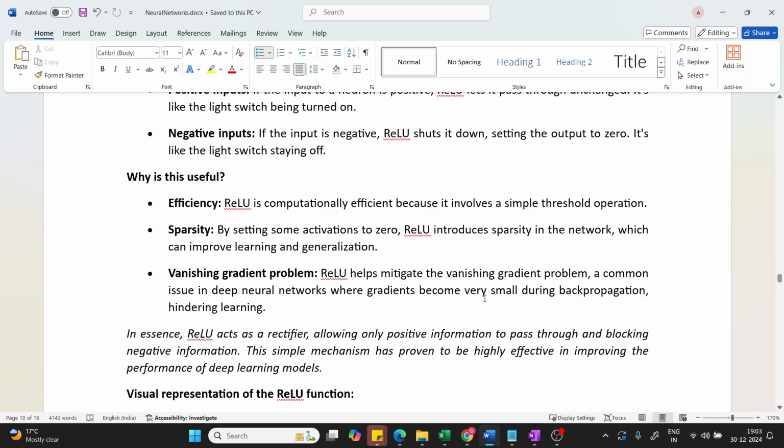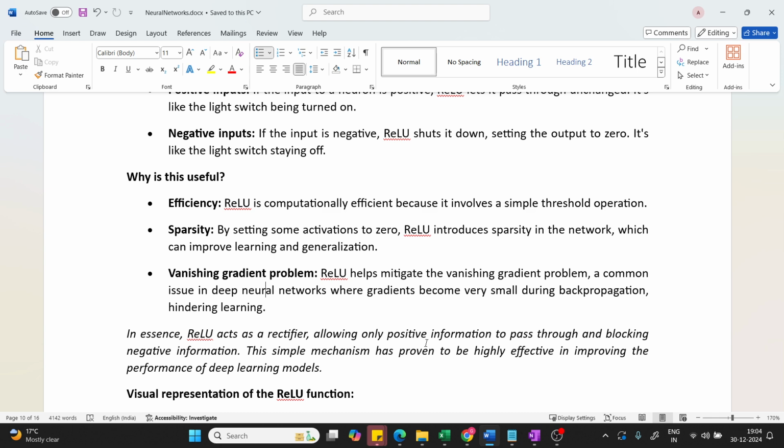So in essence, ReLU acts as a rectifier, allowing only positive information to pass through and blocking negative information. This simple mechanism is highly effective in improving the performance of deep learning models.